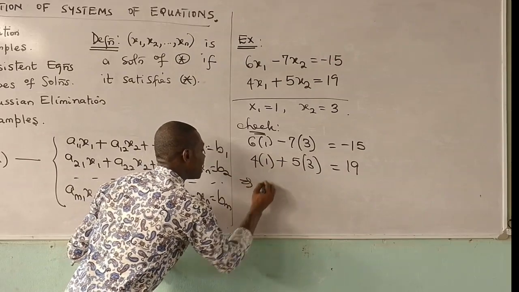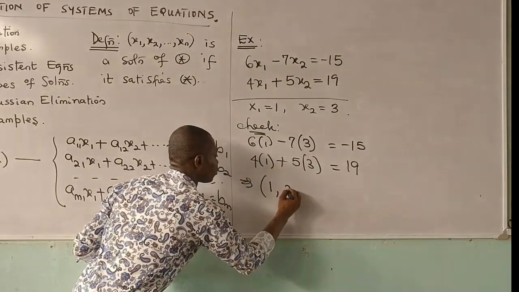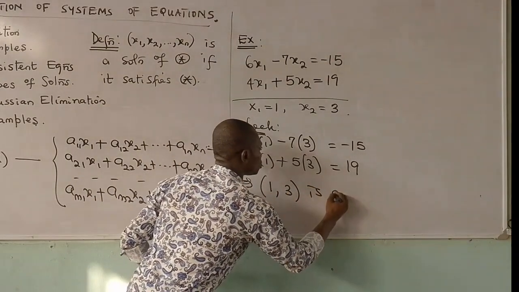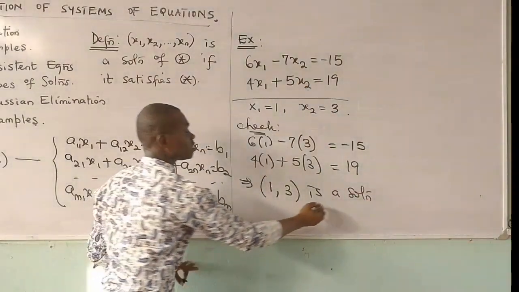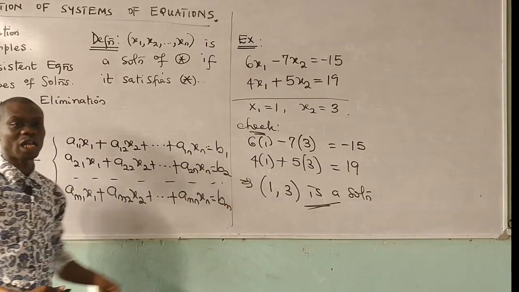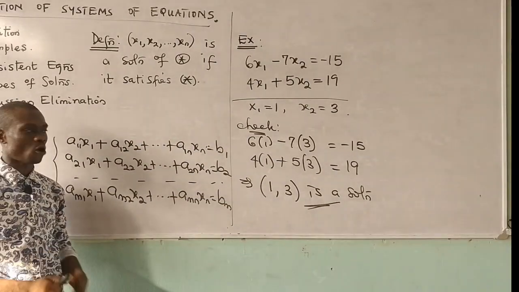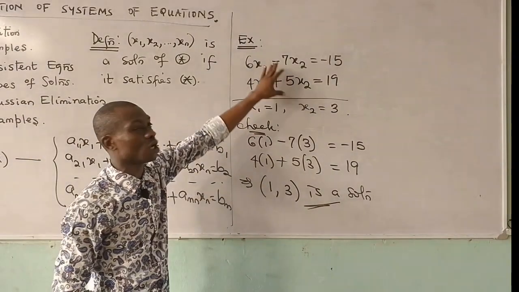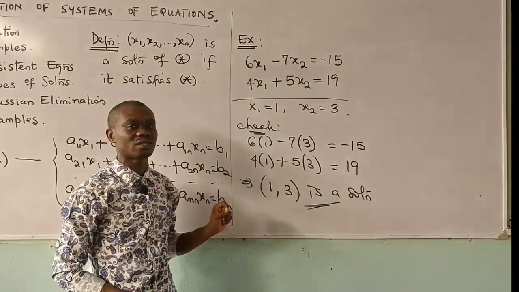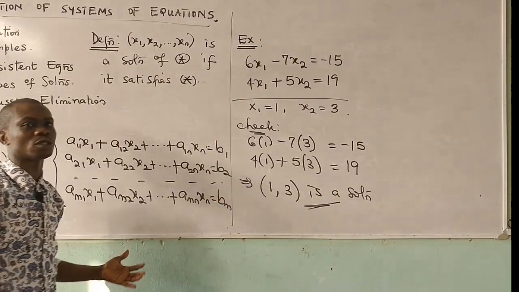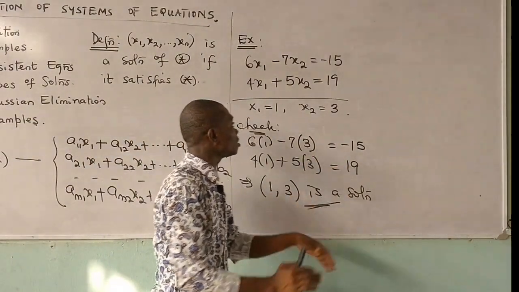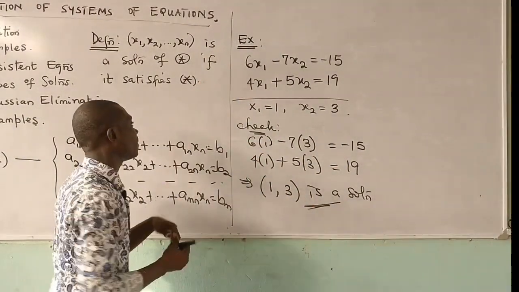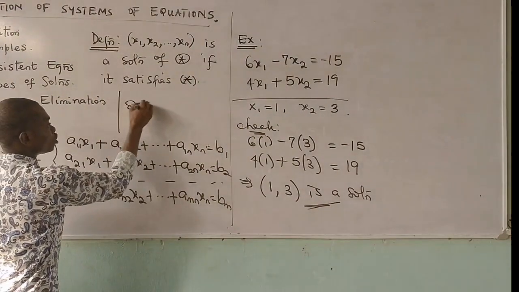Therefore, you can say that (1, 3) is a solution of this system. Usually we put it in a vector form. So this is a solution for this particular system, and you can get other solutions. A combination of all the possible solutions of a particular system is called a solution set.